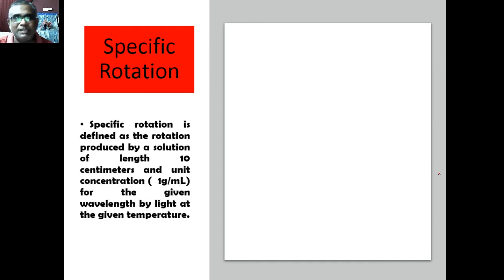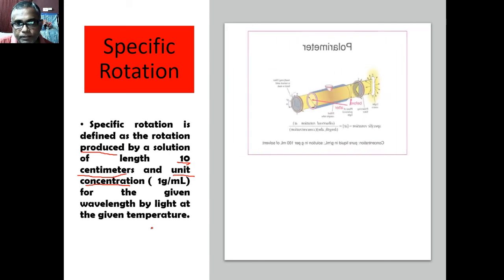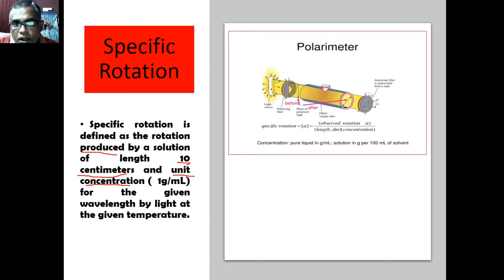What is specific rotation? Specific rotation is defined as the rotation produced by a solution of length 10 centimeter and a unit concentration of 1 gram per ml, for the given wavelength of light at a given temperature. This is a simple experimental setup of a polarimeter.